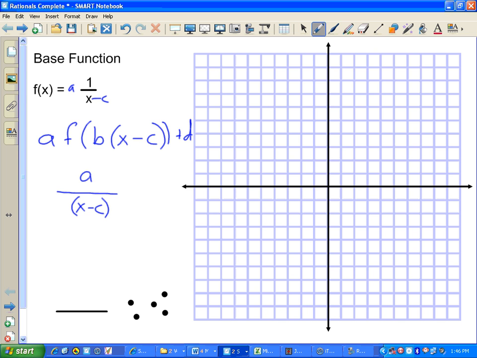This plus d is outside of the function. Okay, so it's not down here with the x. It's actually sitting outside here. So that's going to be outside the function. And then we have b, which is being multiplied by the parentheses. So I'd have the b right here. So our transformed function should look like this in order to be in the form we want to actually use it.